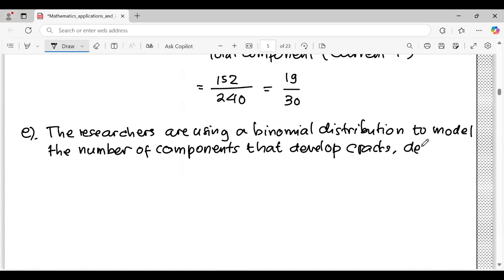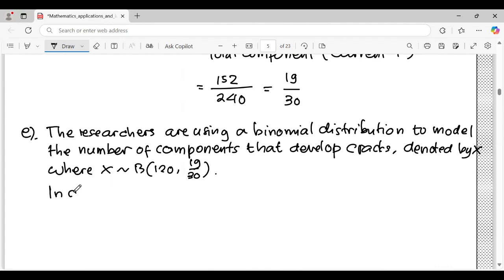Denote by X, where X follows a binomial distribution 120 and 19 over 30.